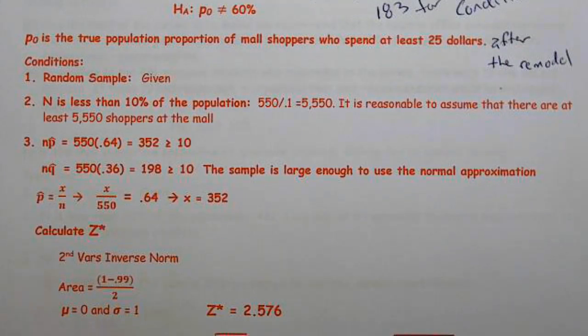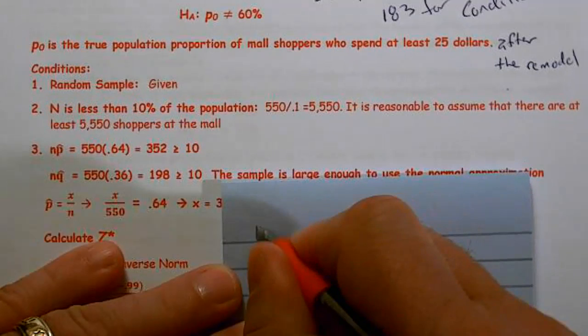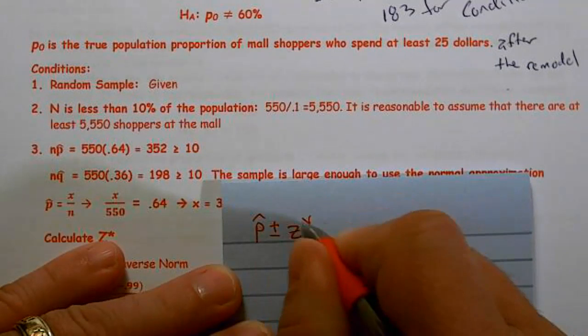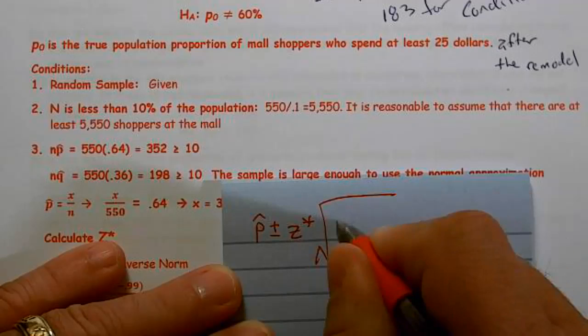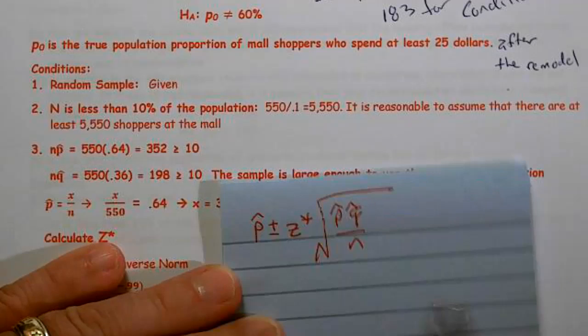And our formula in this case is p hat plus or minus z star times the square root of p hat q hat over n.